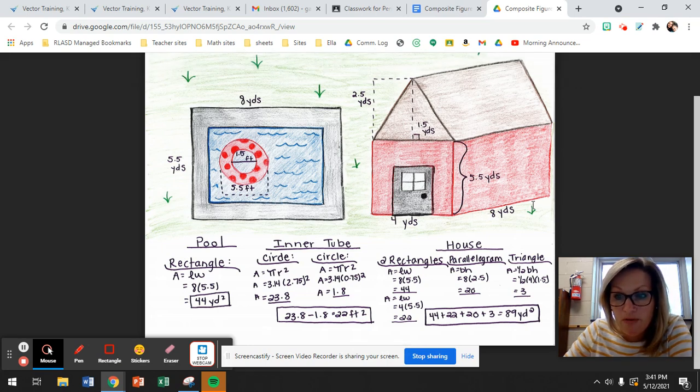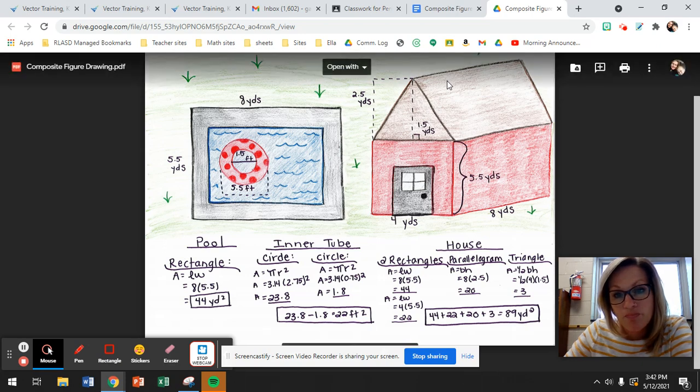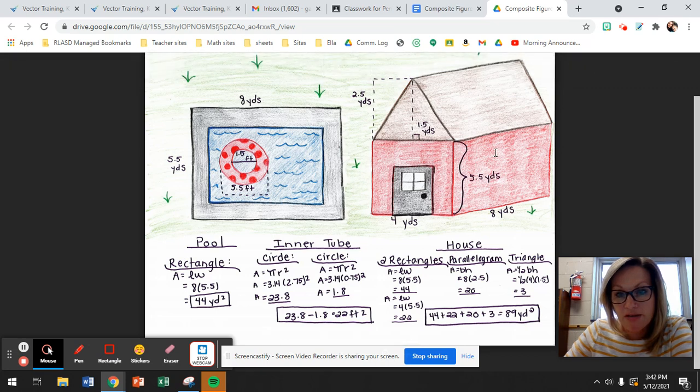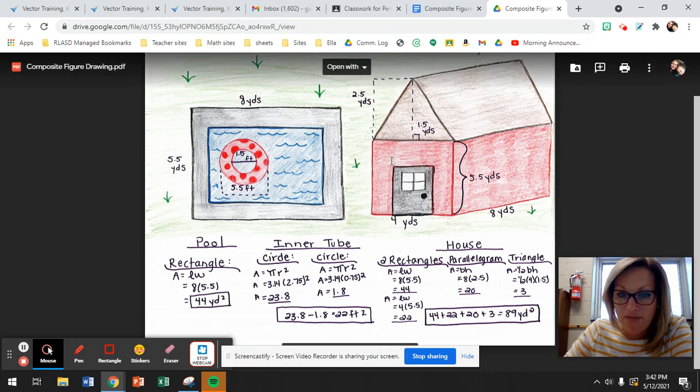You can use a ruler if you want actual measurements, but in real life this is not 8 yards, I just said it was. Base here, 4 yards. So if this is 8 yards here, it's going to be 8 yards up here. And my height was 5.5 yards, so this would also be 5.5.